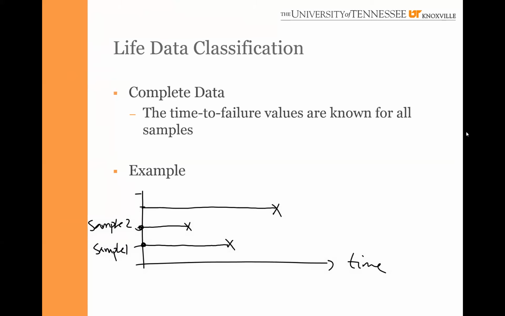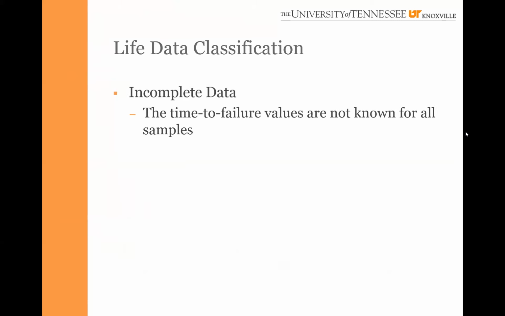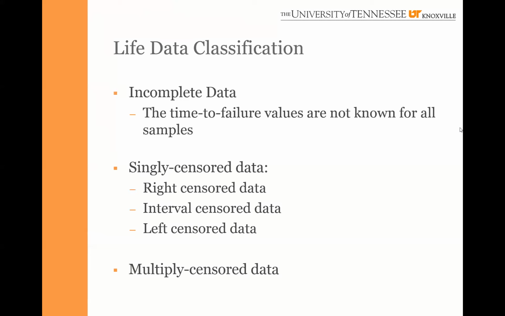We don't always have that complete information. Sometimes we have incomplete data. What does that mean? We can have single censored data or multiple censored data. Single censoring is typically coming from testing, and multiple censoring is typically coming from field studies or field tests. So this is when everything has the same time frame.